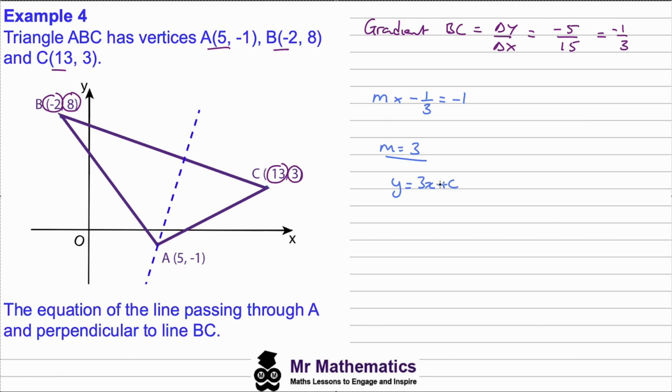And we can work this out using the point A. So y is -1. This will be 3 lots of x plus c. So -1 will equal 15 plus c. c must equal -16. So the equation of our blue line, y equals 3x minus 16.